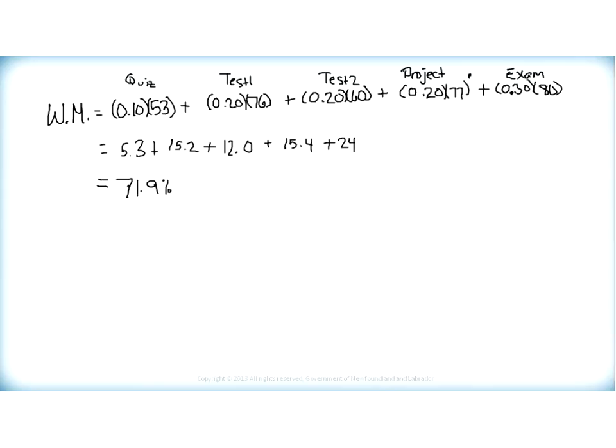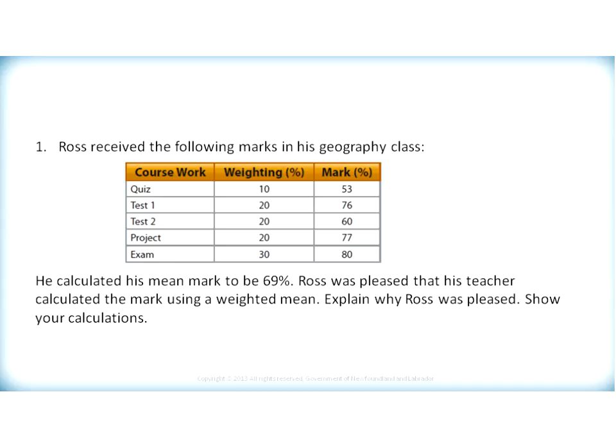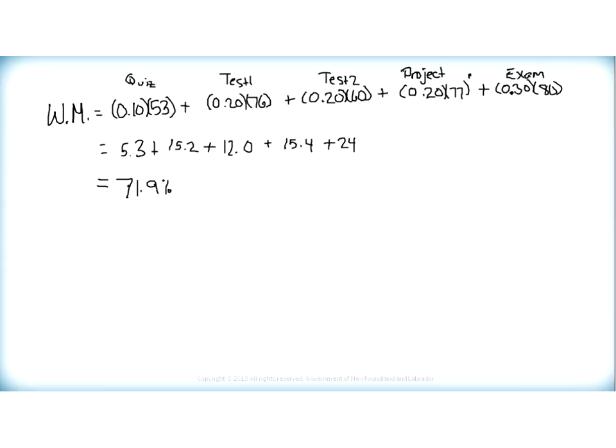So using a weighted mean, his mark was 71.9. Ross calculated his average to be 69. So 71.9 minus 69, that works out to 2.9%.